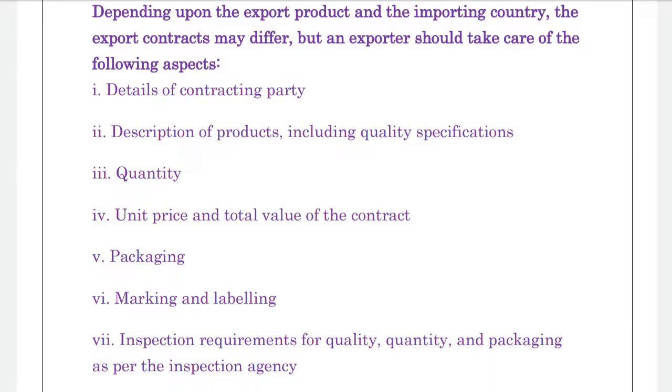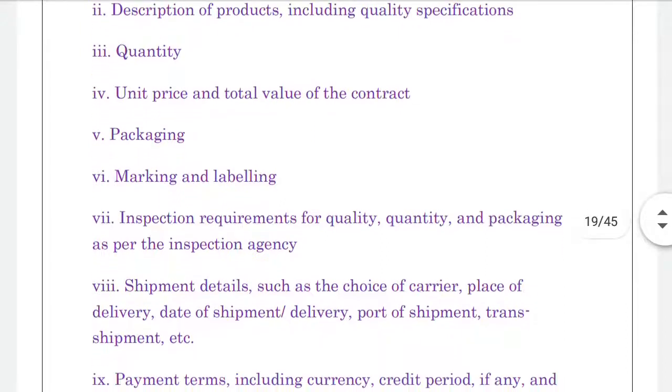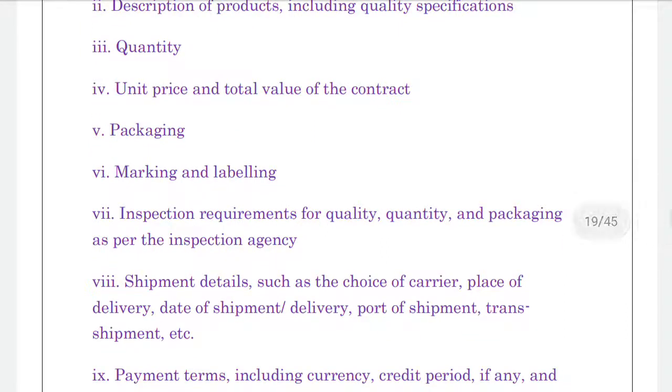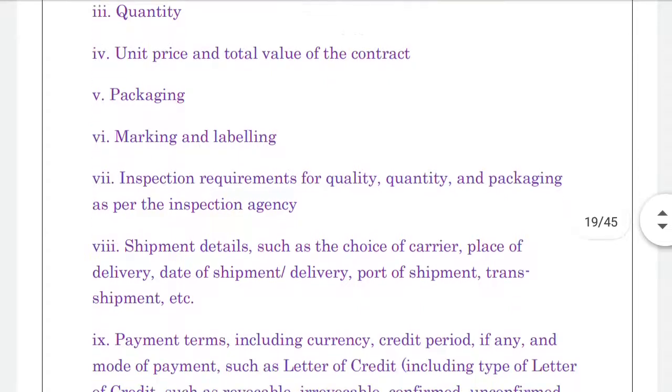Description of the product including quality, specification, quantity, unit price and total value of the contract, packaging, marketing and labeling. Inspection required for quality, quantity and packaging as per the inspection agency.